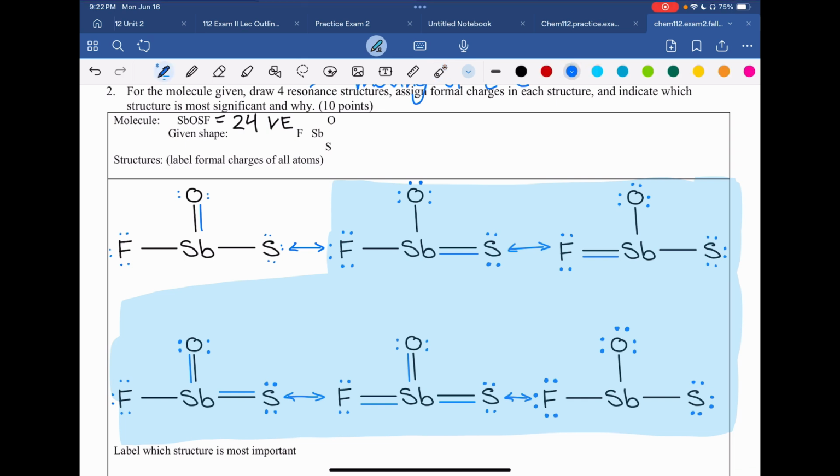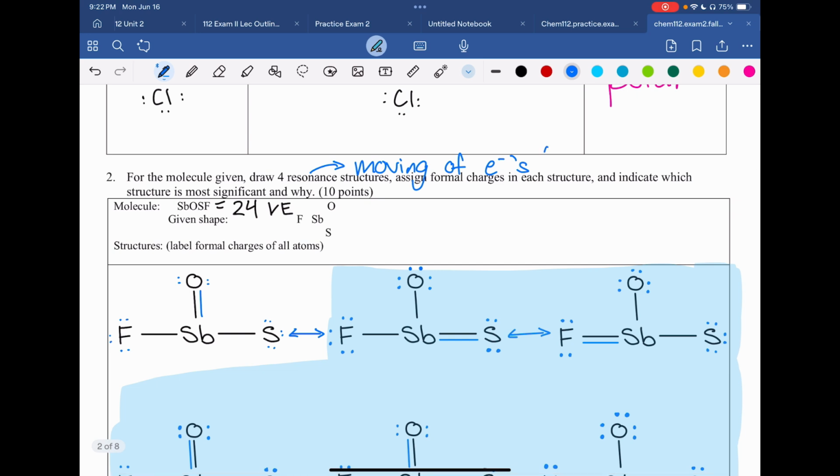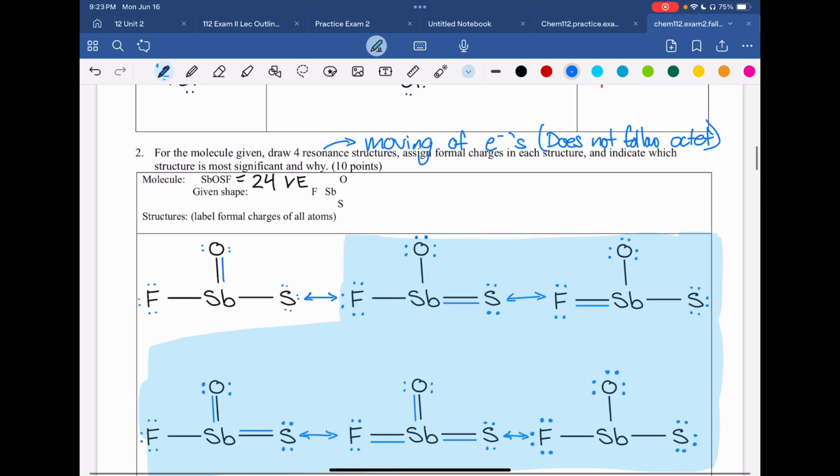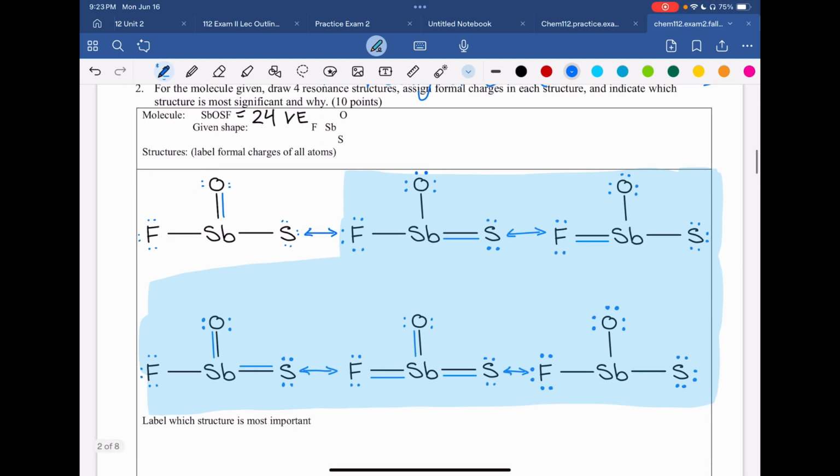Resonance does not follow the octet, typically, okay? So if you ever get stuck, only have one atom, not all of them, just one atom, not follow the octet rule in case you get stuck.